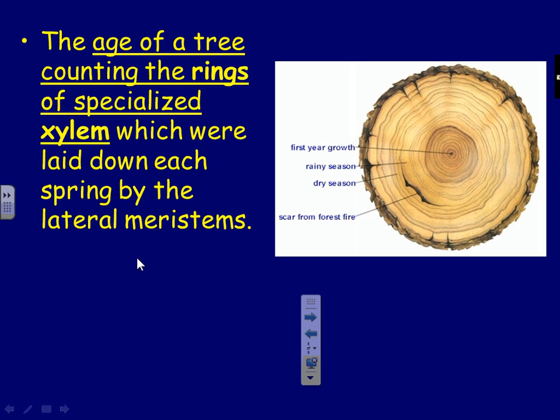The age of a tree can be determined by counting, and so I was trying to make it shorter so we didn't have to write as much. So the age of a tree, counting the specialized rings of xylem which are laid down by the spring. I'm going to leave it. You guys can put in whatever extra words you'd like to make that sentence make sense for you.